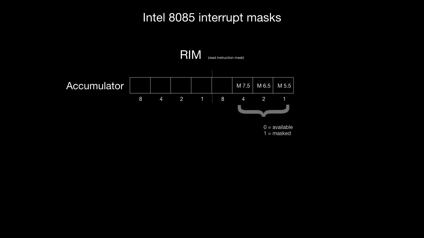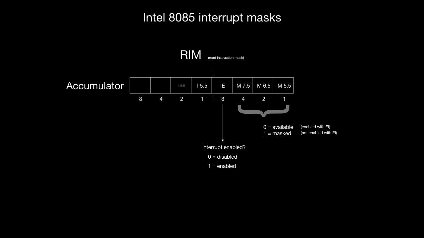So the format is exactly the same as with the SIM instruction. 0 means interrupt is enabled and 1 means it's masked. But the interesting bit is the IE, which stands for interrupt enabled. So 0 means interrupt is disabled and 1 means it is enabled.